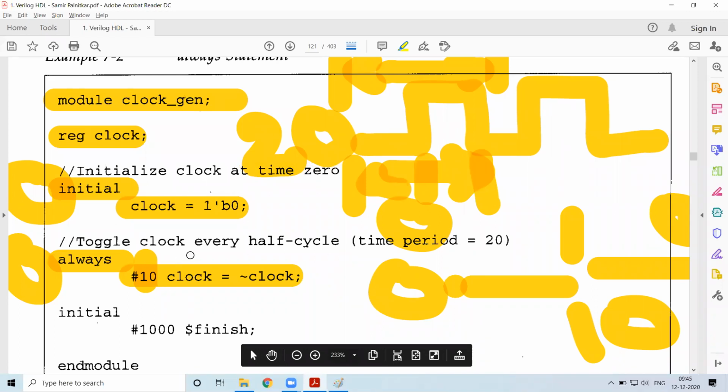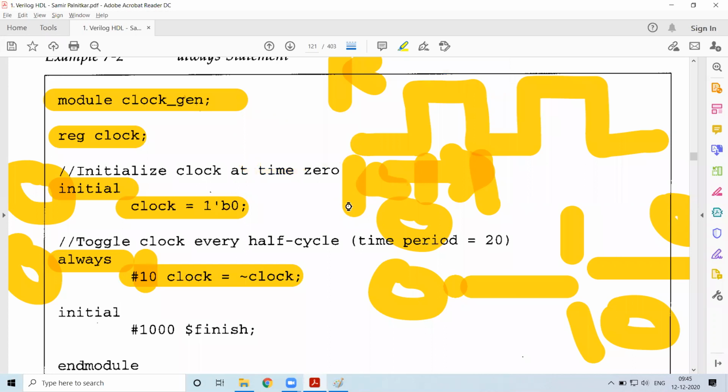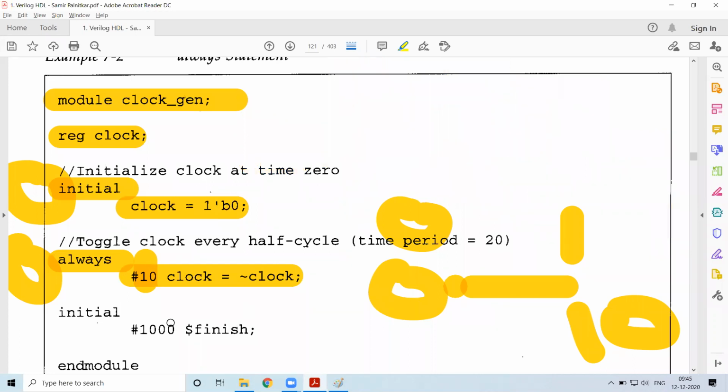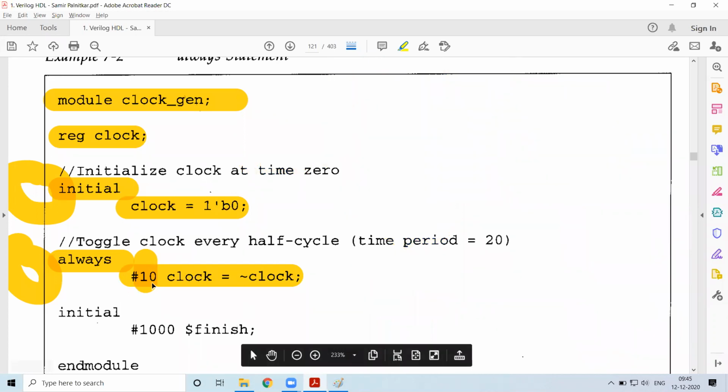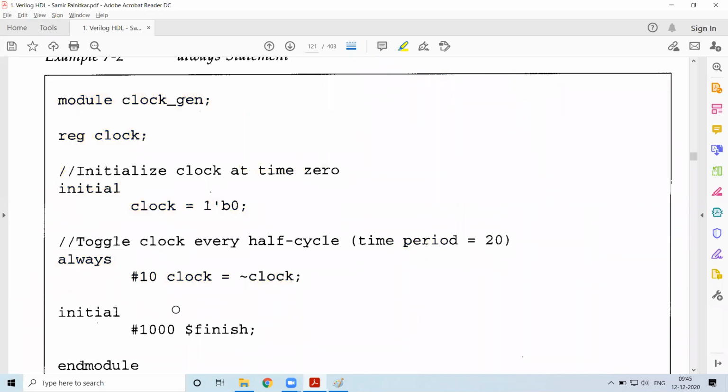So this is what is happening in this always block. You are generating a clock having a time period of 20 time units, because it is toggling its condition for every 10 time unit delay, since that delay is specified here.